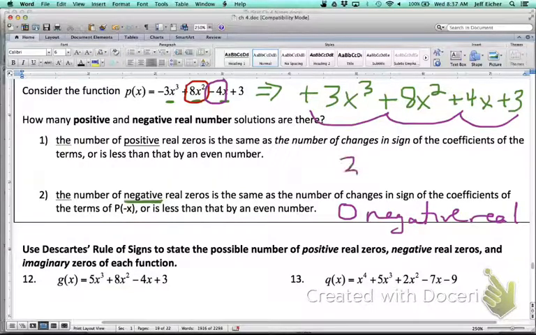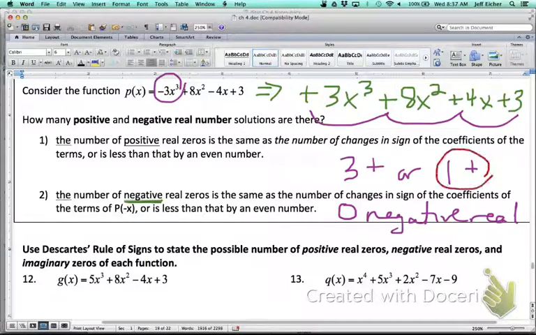So earlier we said there's either 3 positive or 1 positive. So using a little bit of logic, since this is a degree 3 polynomial, we know that it will either have 3 positive and 0 negative, that's a total of 3, or if it has 1 positive and 0 negative, do a little math here.